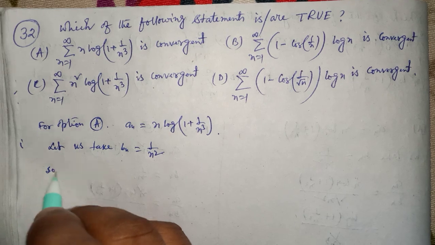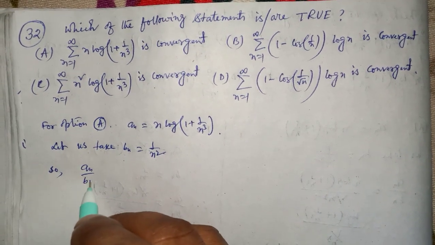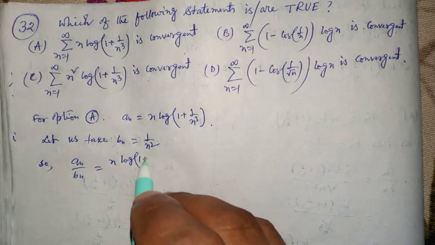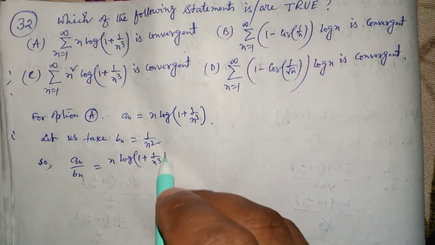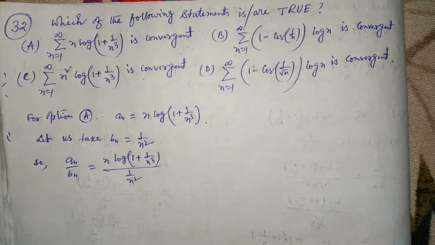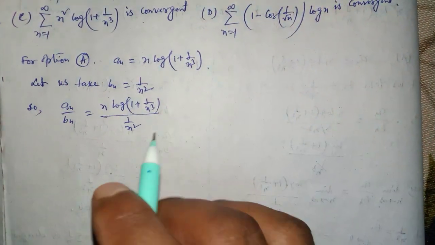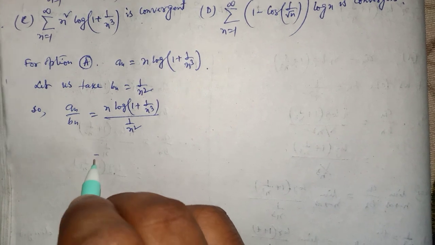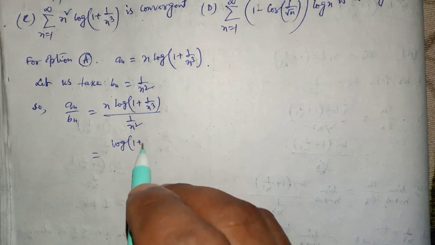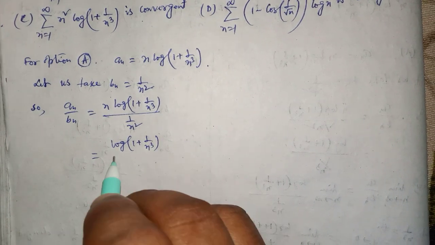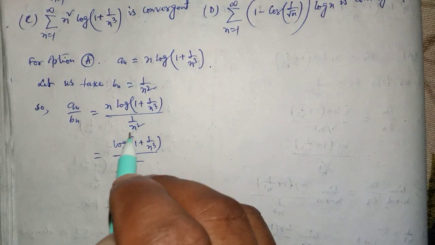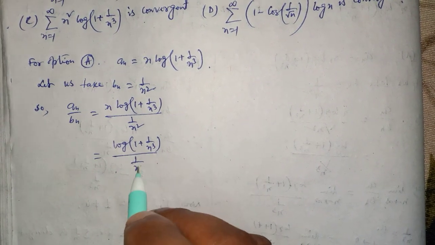So an by bn is equal to n log of 1 plus 1 by n cube by 1 by n square, which is equal to log of 1 plus 1 by n cube by 1 by n cube.